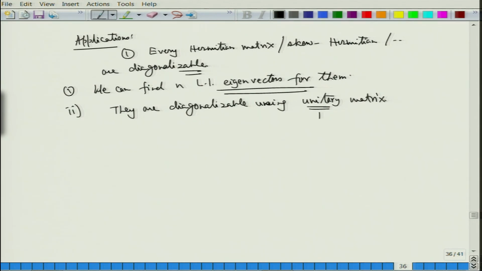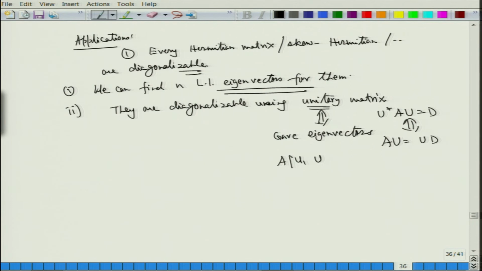Recall, this matrix will also give you eigenvectors, because when I look at U star AU being diagonal, this is the same thing as saying that AU is equal to UD, and therefore A of U1, U2 till UN is equal to U1 to UN times diagonal D1 to DN, which implies A of UI is equal to DI times UI.